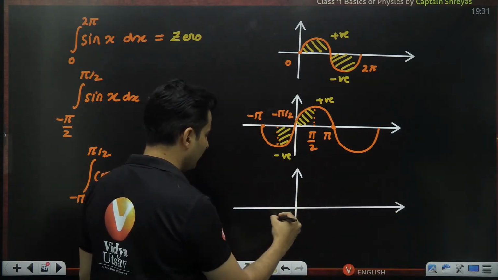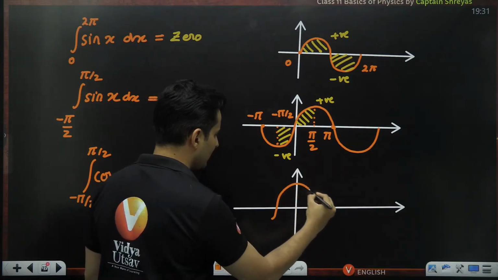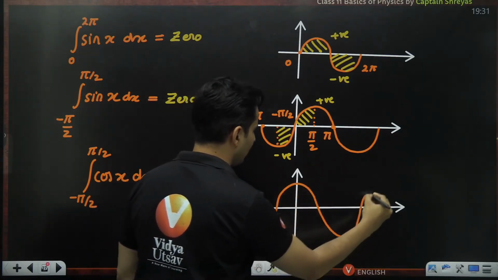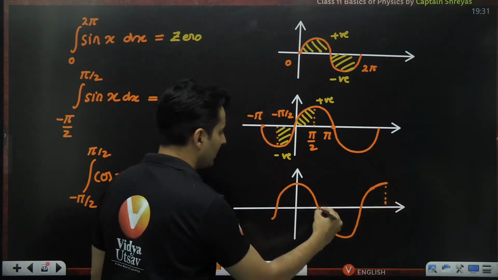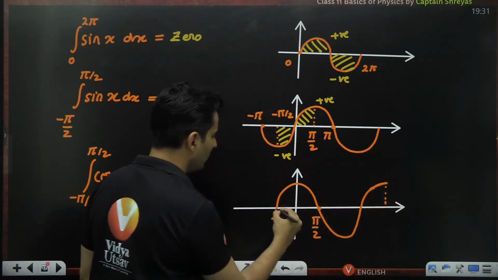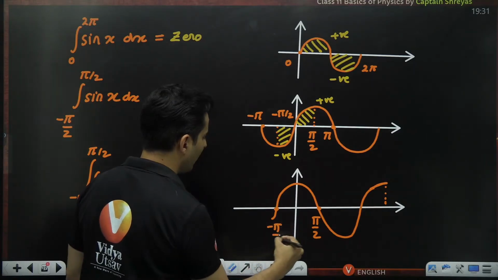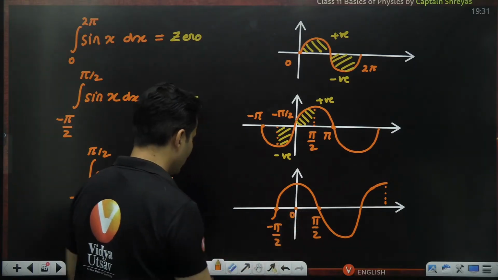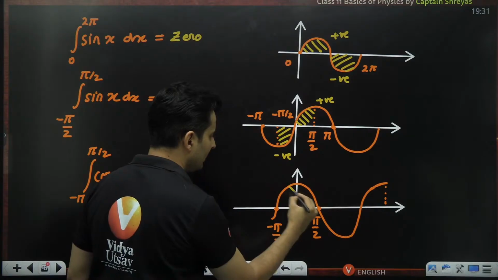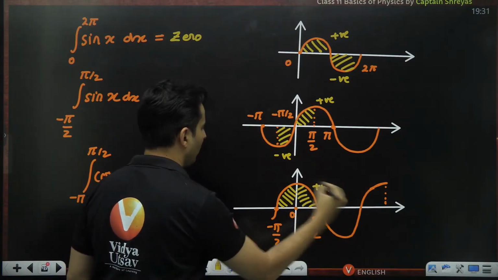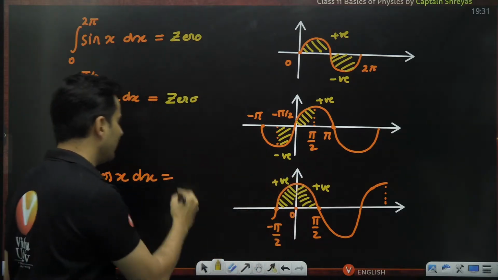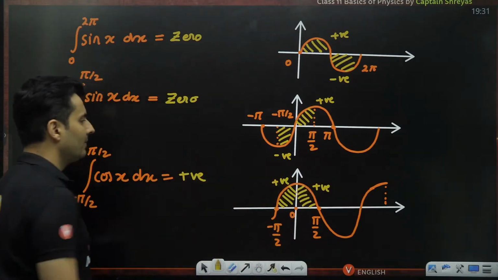See, the graph of it goes like this. This is basically 2 pi, this is basically pi by 2, this is basically negative pi by 2, this is 0. As you can see, this area and this area both are positive, so 100% it will be a positive answer.